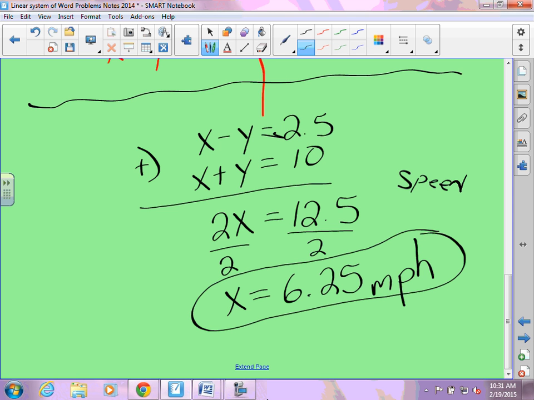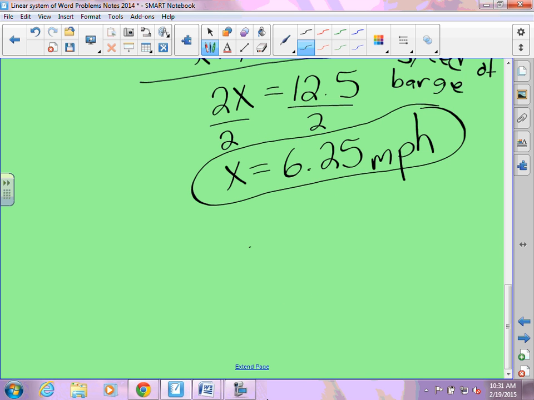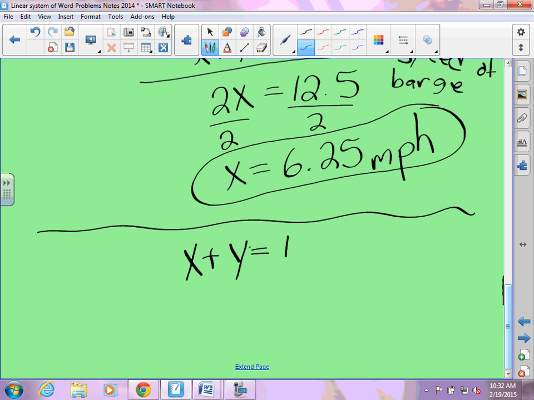Right now I need to find the current, right? So I'm going to take one of these equations. Does it matter which? No. I'm going to choose x plus y equals 10. So 6.25 plus y equals 10. Subtract 6.25. Y equals 10 minus 6.25.